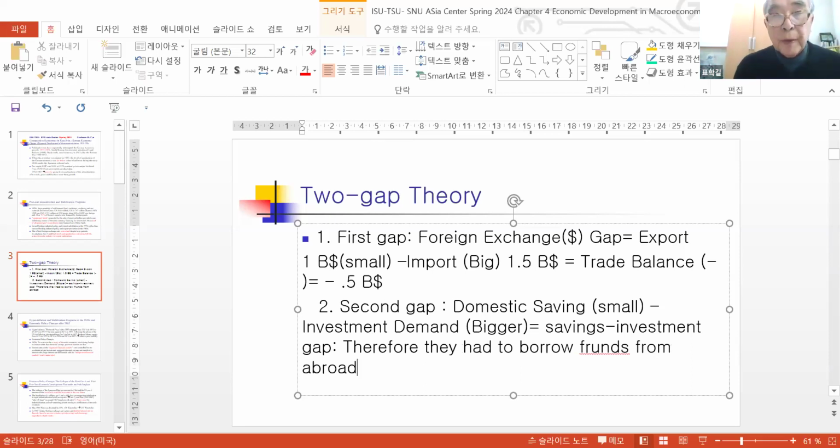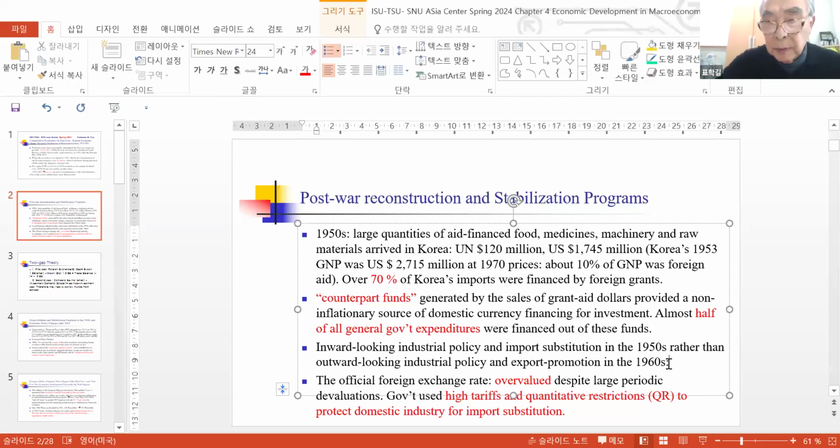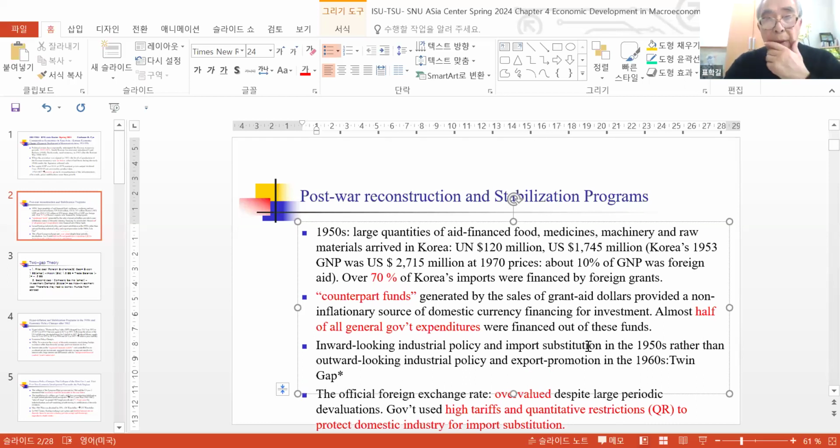These two gaps, the first gap and the second gap, are the consequence of this. Here, twin gap. And the twin gap, I inserted here, twin gap.